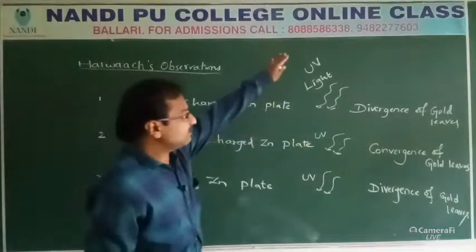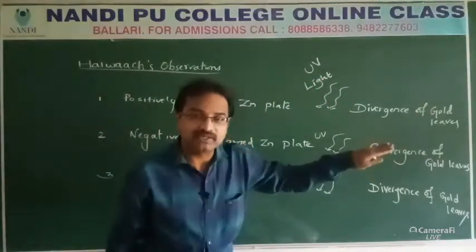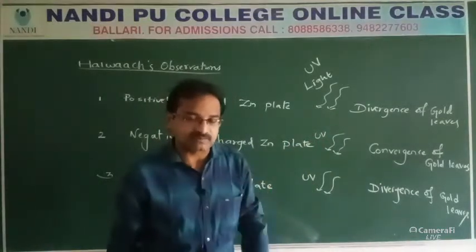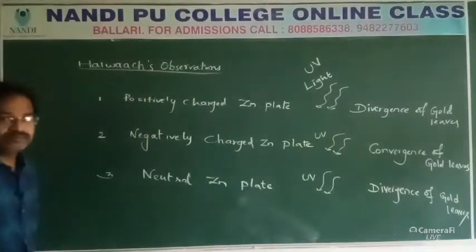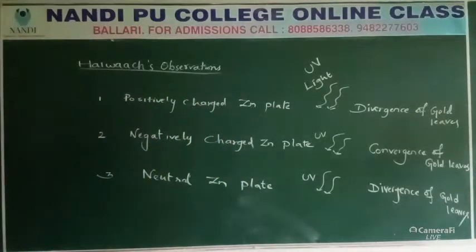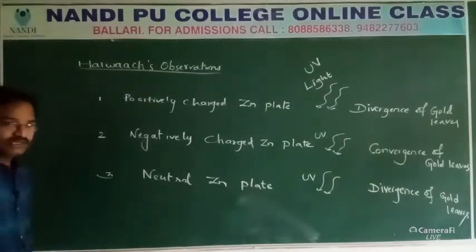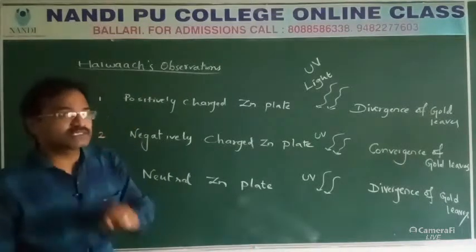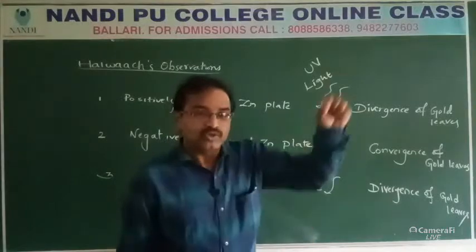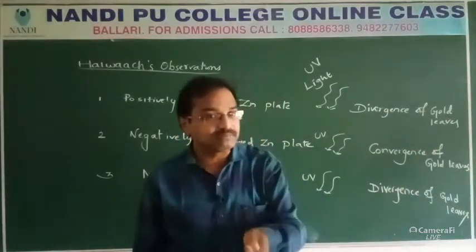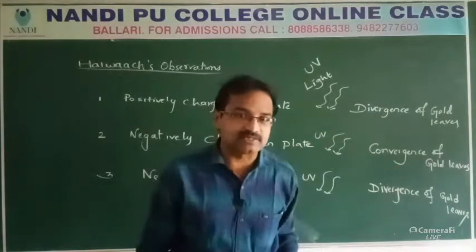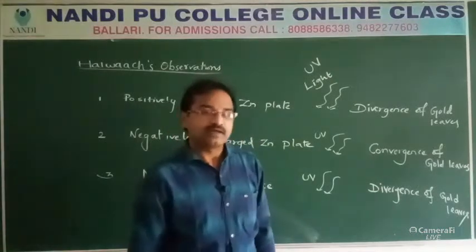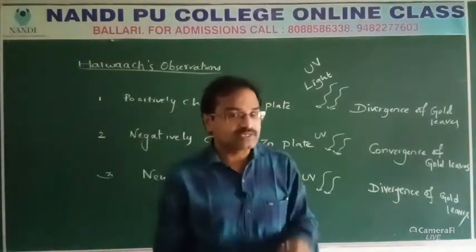So whenever ultraviolet light is incident on a zinc plate, emission of electrons takes place, and that is called photoelectric effect. This is Hallwachs' observation, and Hertz's and Lenard's observations. And one more thing, children: though UV light is incident on a zinc plate or any other plate, sometimes electron emission does not take place. Yesterday I told you the definition.